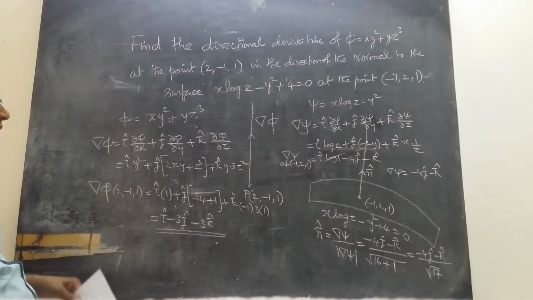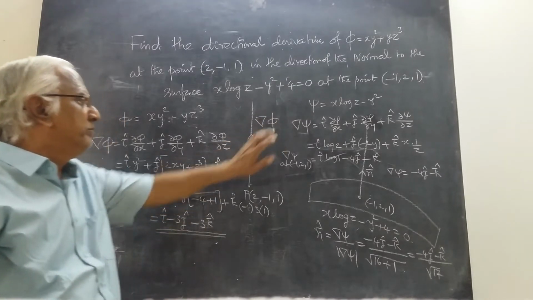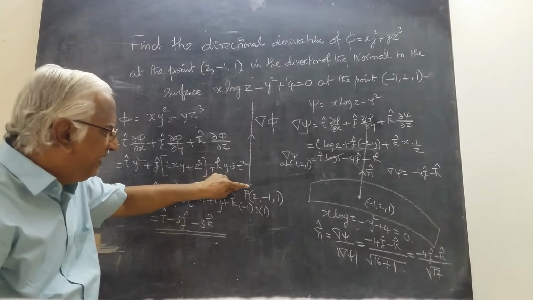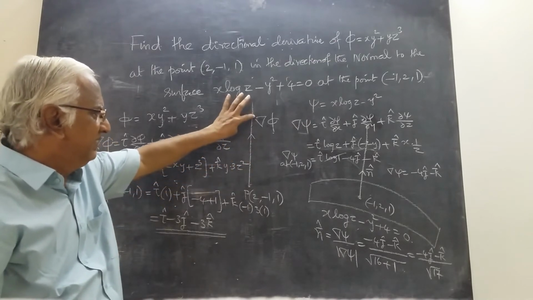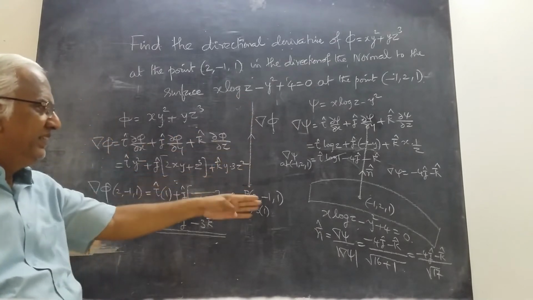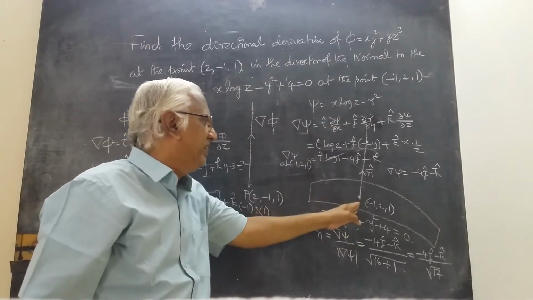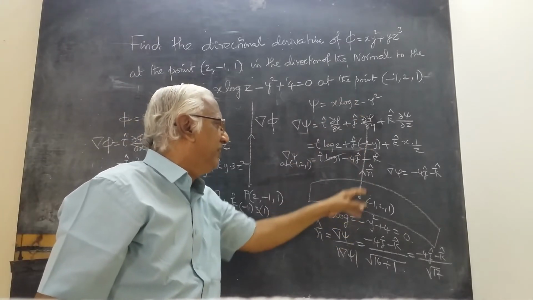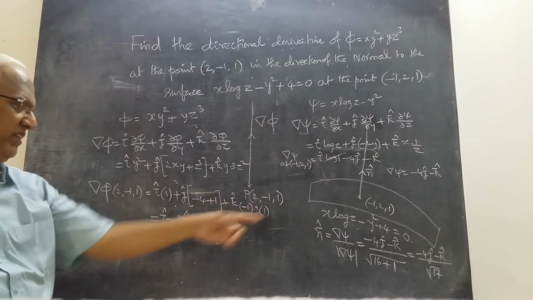This is the maximum directional derivative, del phi. Now the change of the function phi at the point P in the direction of the normal: in the direction of the normal, take a unit vector along the normal. That's what we have taken.